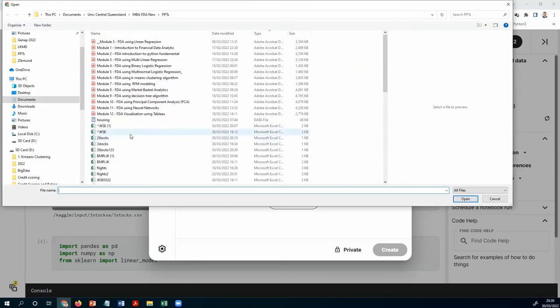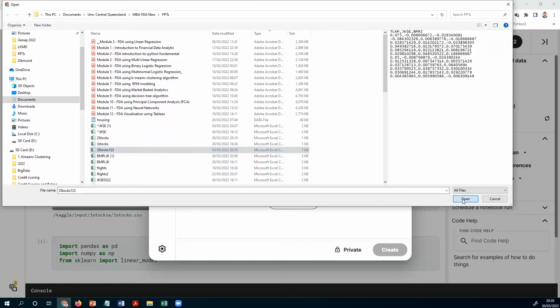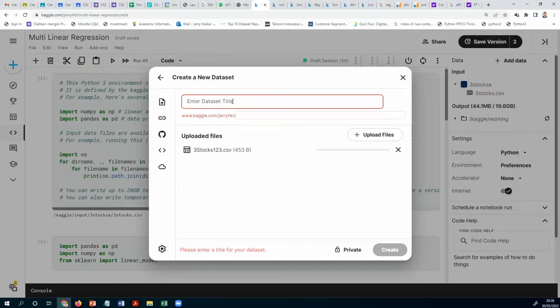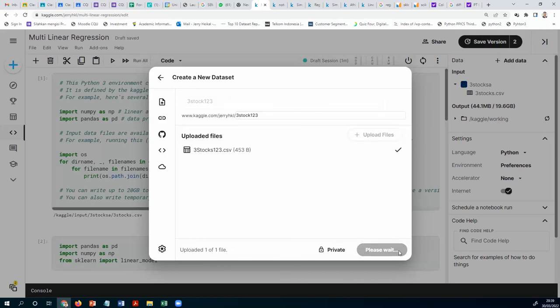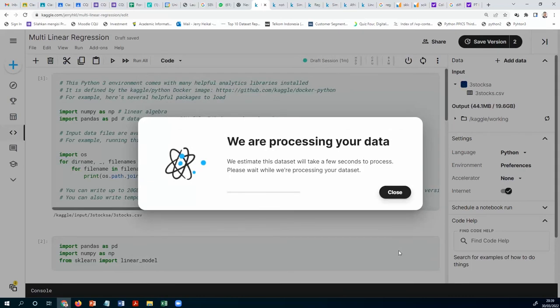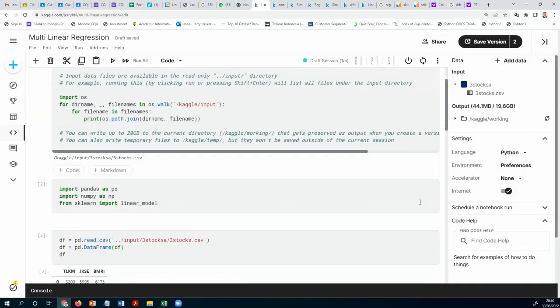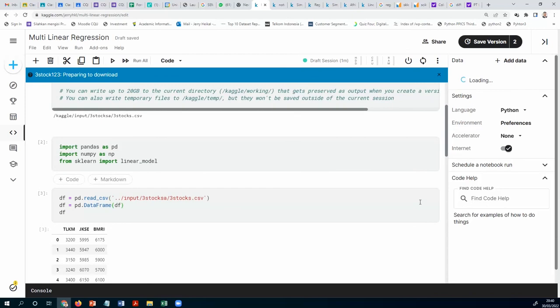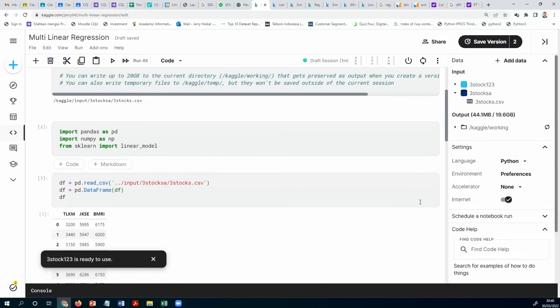This is 3 stocks. Okay, as usual, this is multilinear regression, meaning there is more than one X data. We use 2 X data, the Jakarta Stock Exchange and Telkom. Is there any relationship with Mandiri?